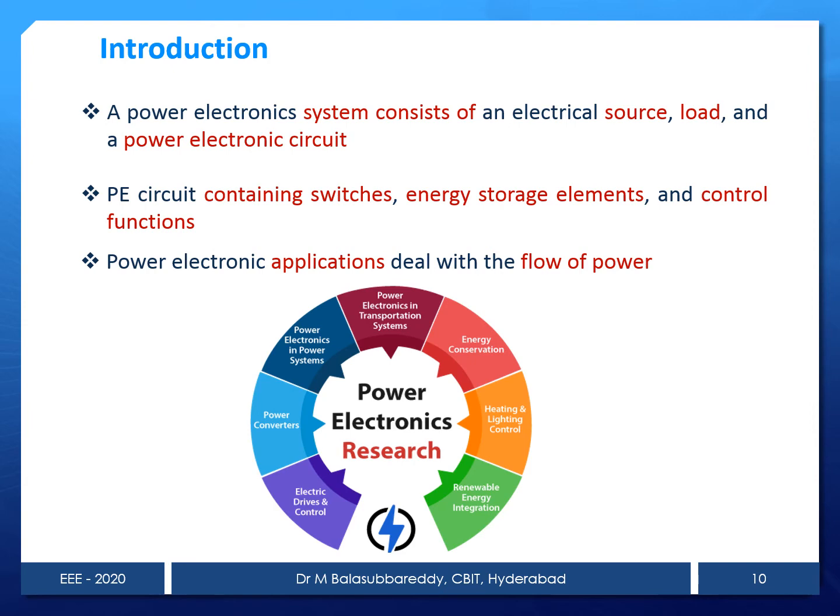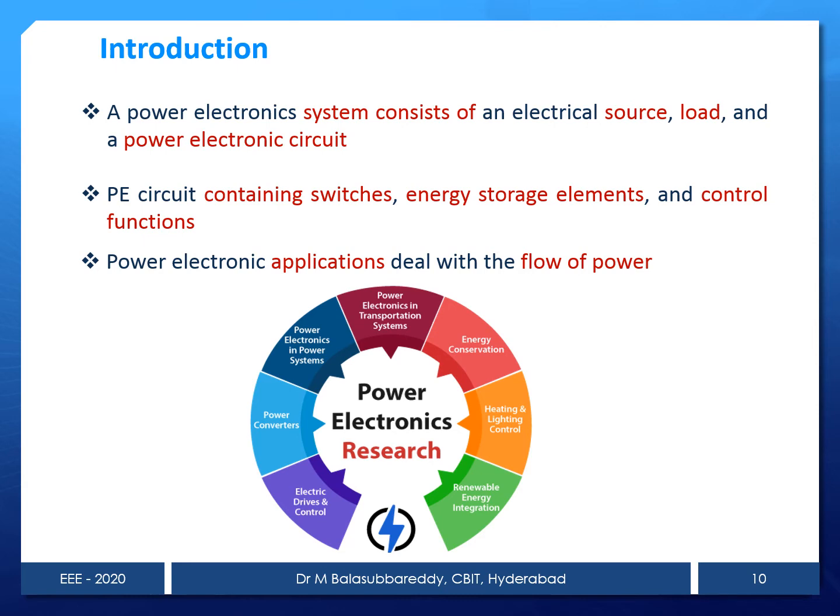Now, there are some research areas or applications in power electronics. You can observe that there is the power system area, as well as heating and renewable energy systems, and then power converters, electric drives, power systems like smart grids, and HVDC transmission.